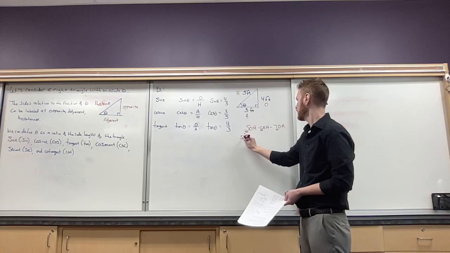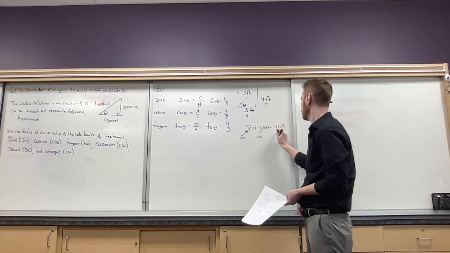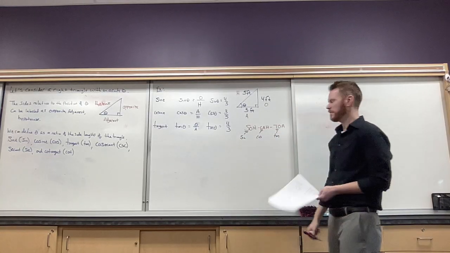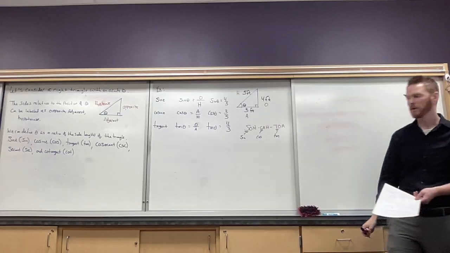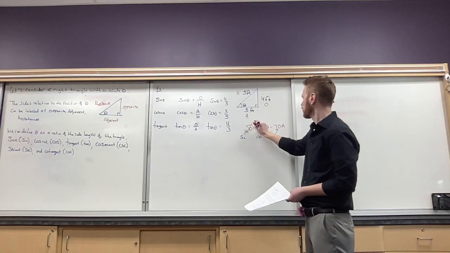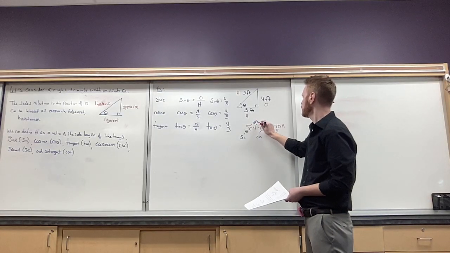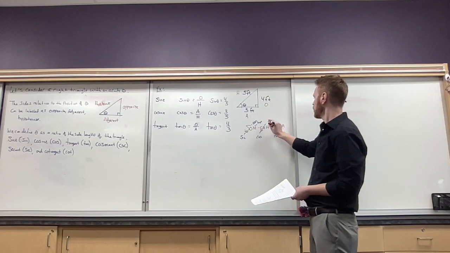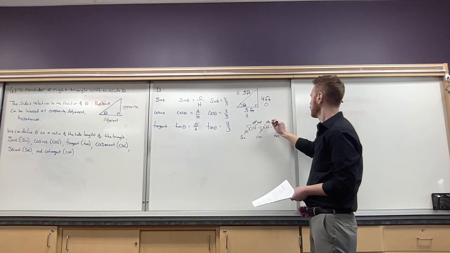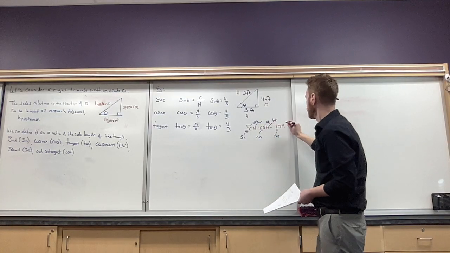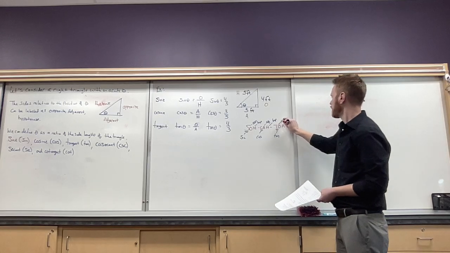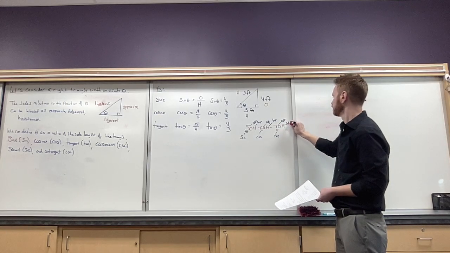So this will be sine, this will be cosine, and this will be tangent. The other 2 letters tell you what 2 sides go with it. So sine goes with your opposite and hypotenuse. Cosine goes with your adjacent and your hypotenuse. And then TOA, tangent, goes with opposite and adjacent. It works.